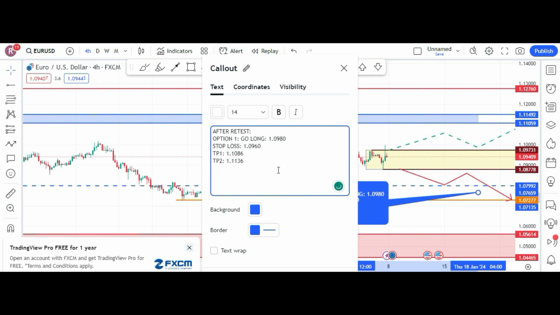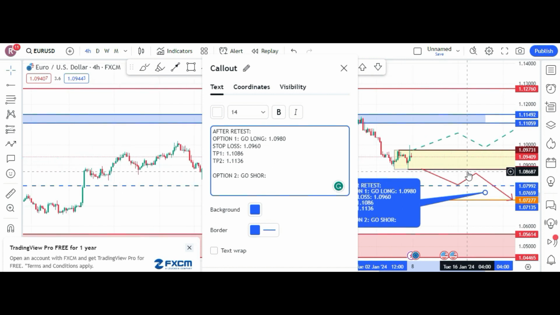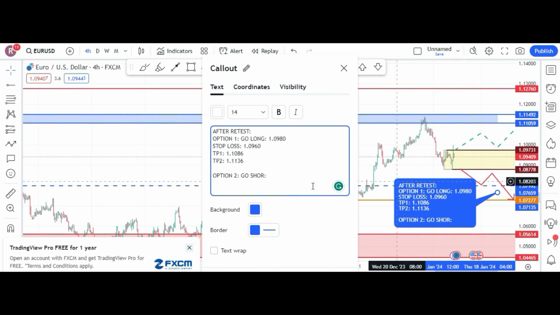Option 2, we go short, and in both cases after retest we will go short on 1.0880. We are in 4 hours. Let's check on this side. Nothing is here.